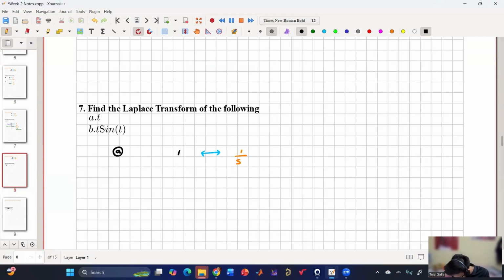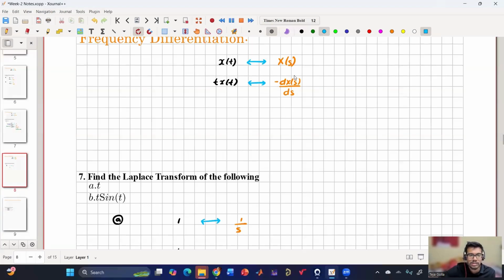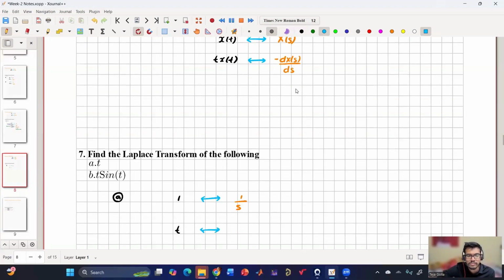So for t, what will be the Laplace transform? Basically I'm multiplying by t in the time domain. So what will be there on the right side? Basically, we are multiplying by t. My x of t is 1, so x of s is 1 by s. So for t into x of t, the Laplace transform is minus d by ds into x of s, right?